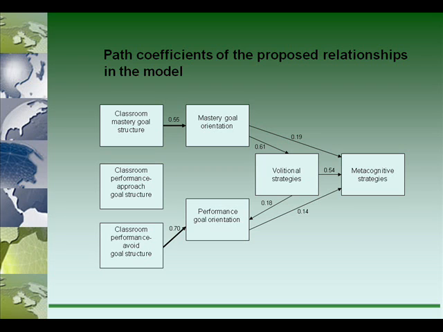However, this is not the case for the classroom performance approach goal structure and performance goal orientation. Performance goal orientation is significantly associated to metacognitive strategies, but not to volitional strategies. Volitional strategies have a significant mediating effect between mastery goal orientation and metacognitive strategies. Additionally, volitional strategies influence performance goal orientation.